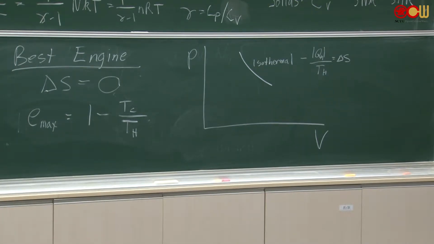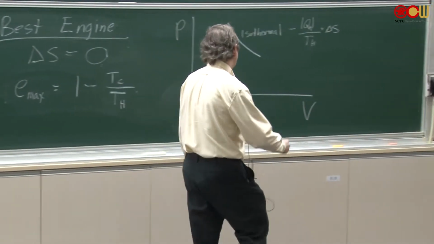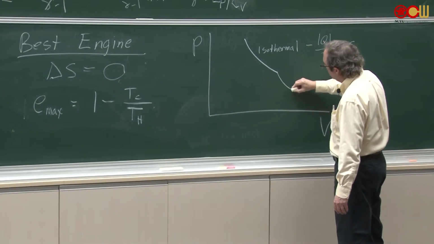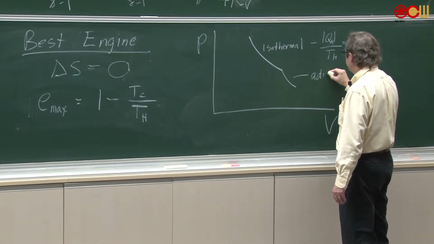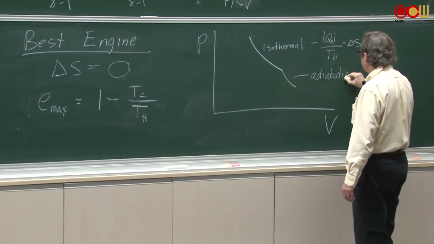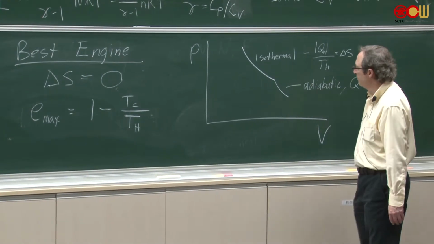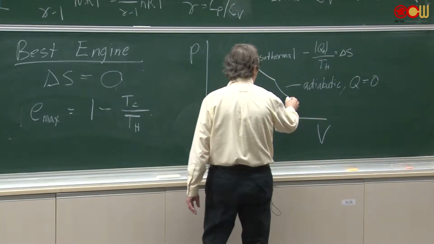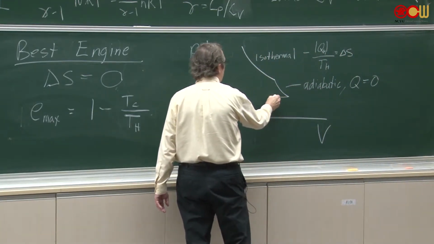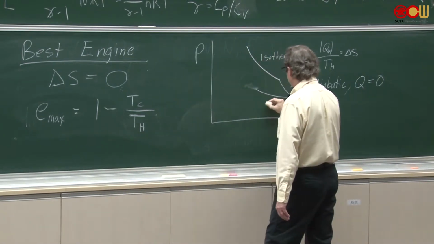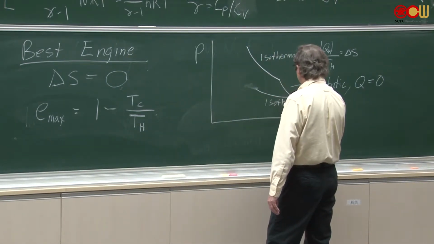Then you allow the system to relax doing an adiabatic expansion. So it expands a little more, but adiabatically. So you go down a little bit like that, and this is adiabatic. All right, so that means Q equals 0. Then you come up and do an isothermal contraction.